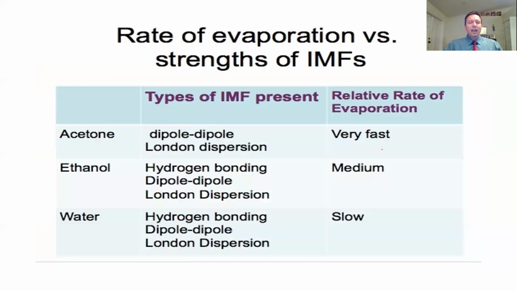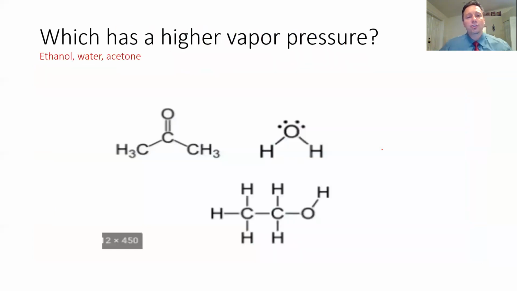Next thing here, we have the rate of vaporization versus the strength of the intermolecular force. So we have three molecules we're going to look at here, and then we're going to look at specifically the structure of them. So let's look at the structure, which has a high vapor pressure.